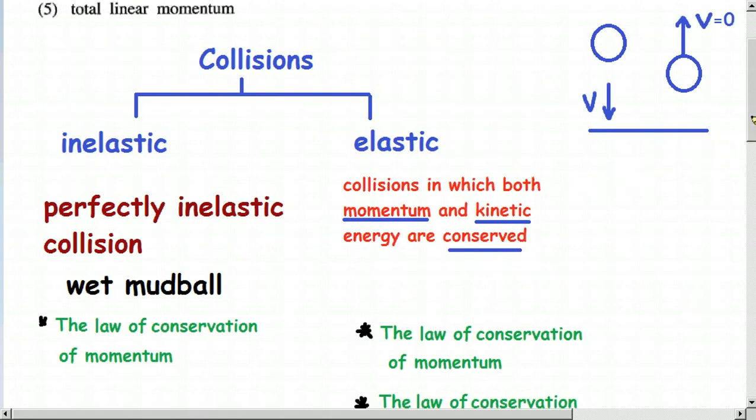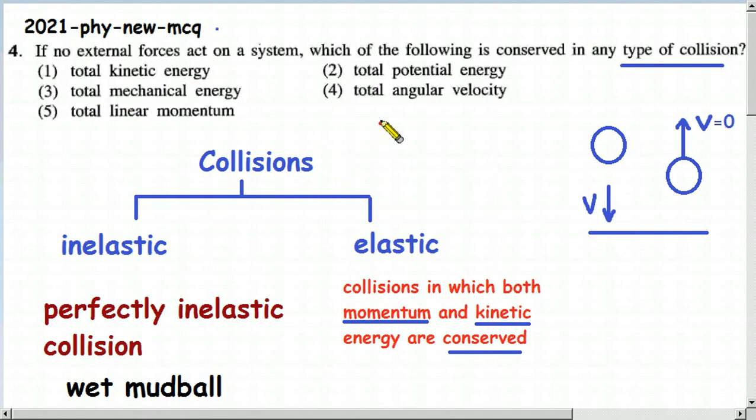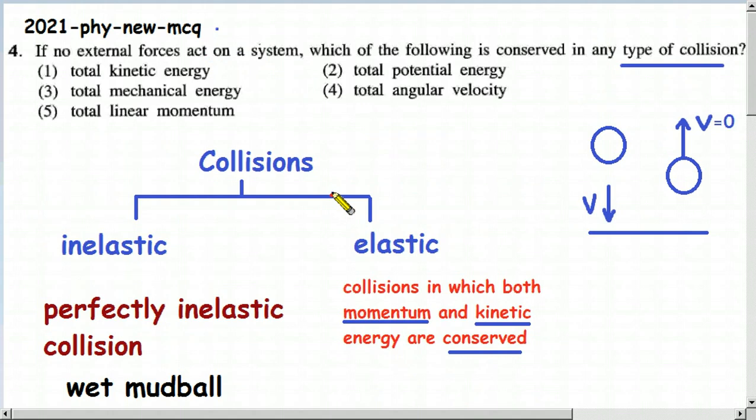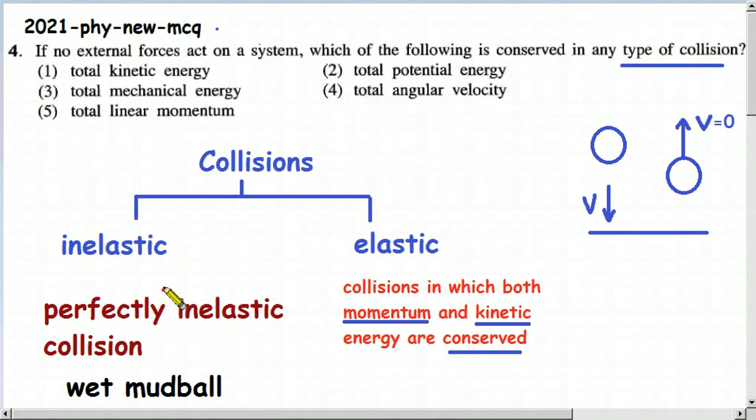So now we have solved the problem actually, because in the question what they ask is, if no external forces act on a system, which of the following is conserved in any type of collisions? That means in both collisions, what is the law that we can apply? That is what they ask. For both types of collisions, the conservation of linear momentum, the total momentum is constant.